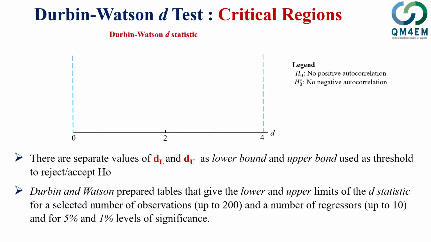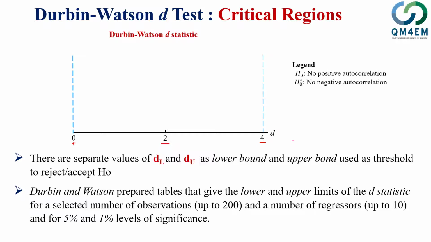These are the three extreme values. 0 shows the case of perfect positive autocorrelation, and if D is close to 0, that also shows positive autocorrelation. Similarly, the value of 2 shows no autocorrelation, and a value close to 2 also shows no autocorrelation. Then 4 shows perfect negative autocorrelation, and a value close to 4 also shows negative autocorrelation.